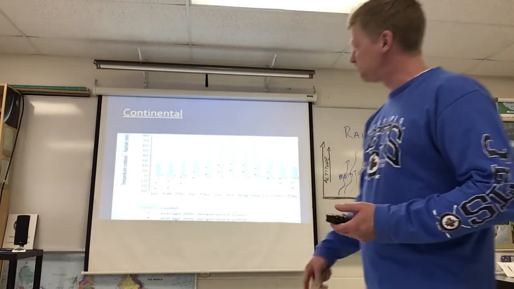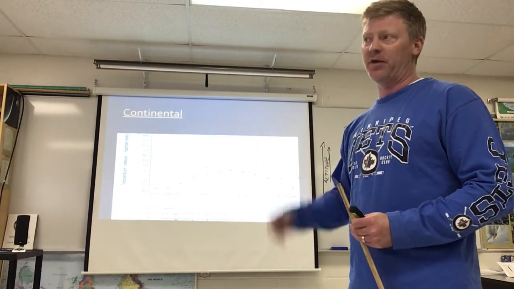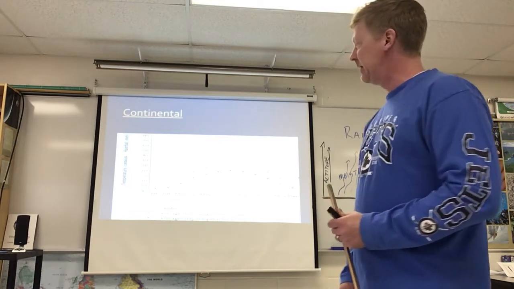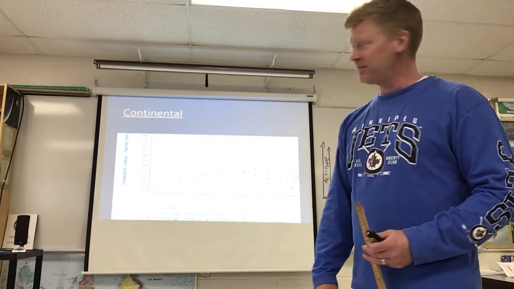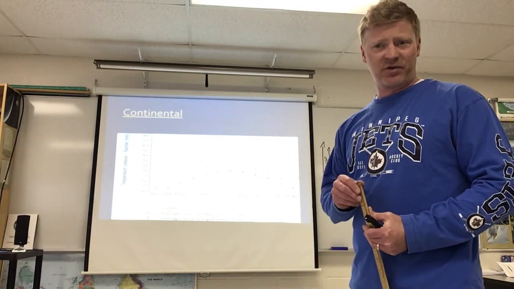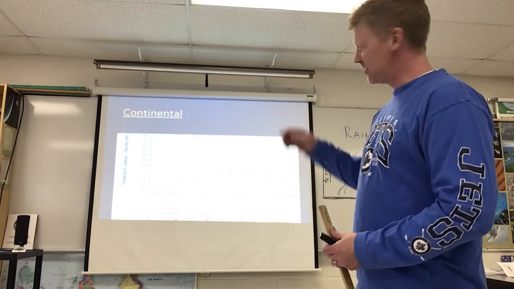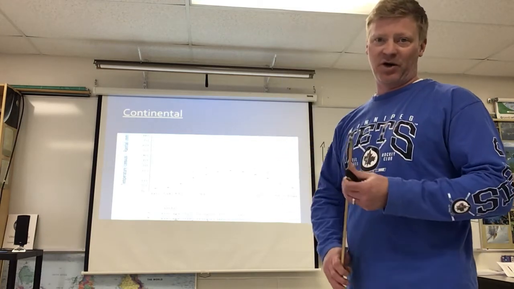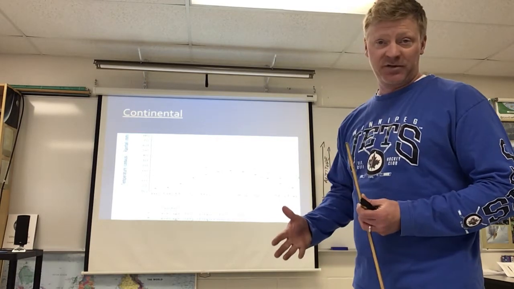This place, continental. So again, if I took continental off there, and I know you can't see it as well as I can, the temperature range goes from -15 to +20. That's a 35-degree temperature range. Getting up there, okay? And there's much bigger blue bars in April, May, June, July, and August.